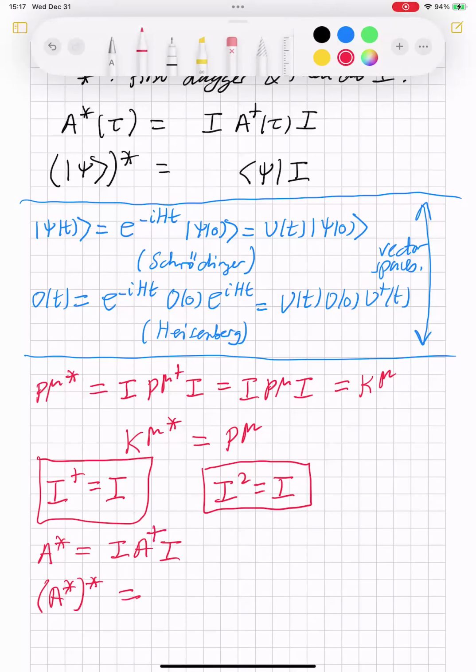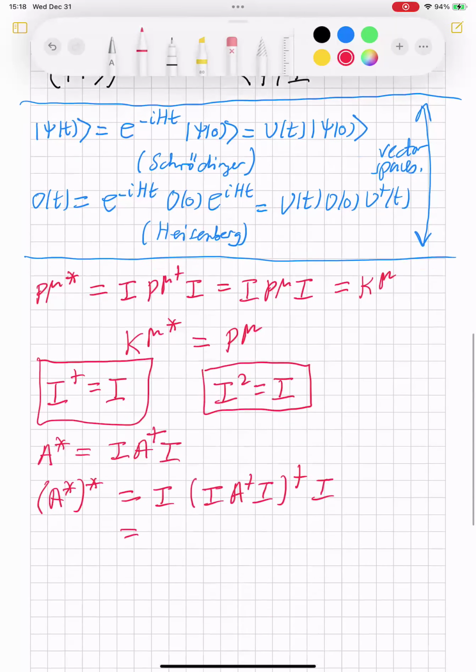Well, I should take I, then I've got I, A dagger, I. So that's just A star dagger, and then I've got I. Now, to take the dagger of that bracket, I move the order of the factors around.